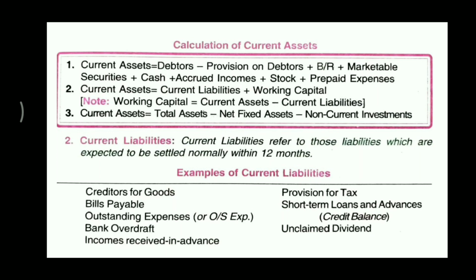Then current liabilities, so meaning it is liability which is payable within 1 year. So examples: creditors for goods, bills payable, outstanding expenses, bank overdraft, income received in advance or unearned income, provision for tax, short-term loans and advances, and unclaimed dividend.